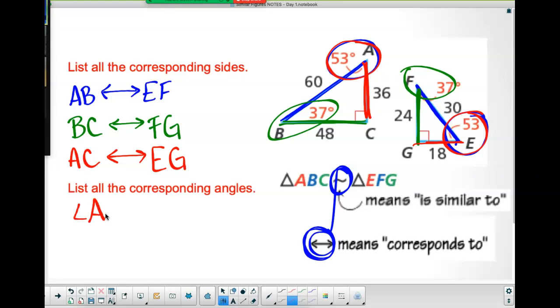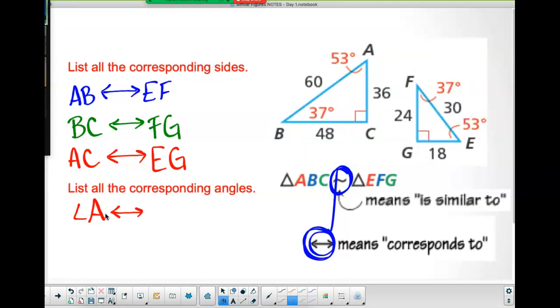Angle A corresponds to, okay, I'm going to erase the colors I have on here. Angle A matches up with which angle from the other triangle? Austin. Angle E. They're both 53 degrees. So angle A corresponds to angle E.